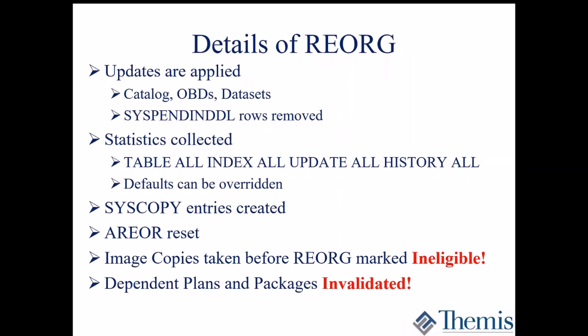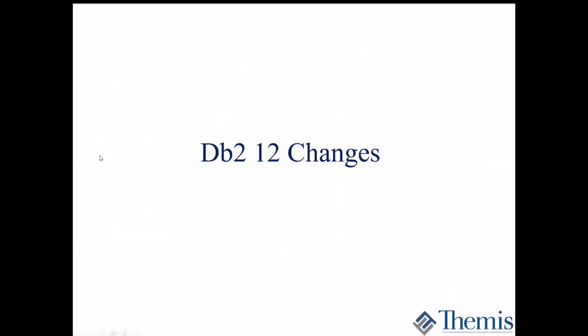And this is a huge issue for a lot of shops that I deal with, because we may reorg one table and have thousands of packages go invalid. So we're advertising this as an online change, low impact. Well, we do have the switch phase of the reorg to deal with, and we also have the fact that all the packages that touch it are going to be invalidated, which could be a lot of packages. We'll address that a little bit more in just a moment.